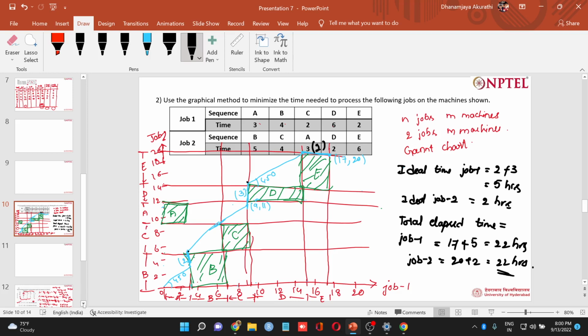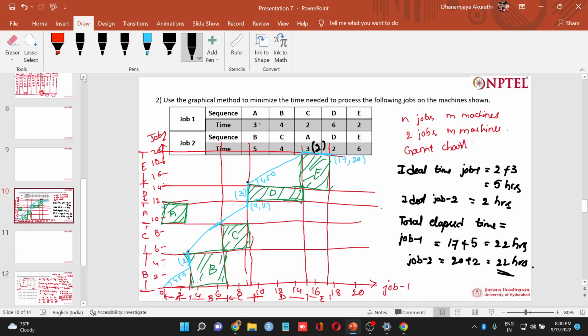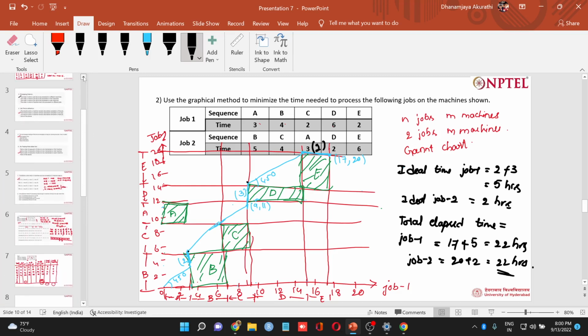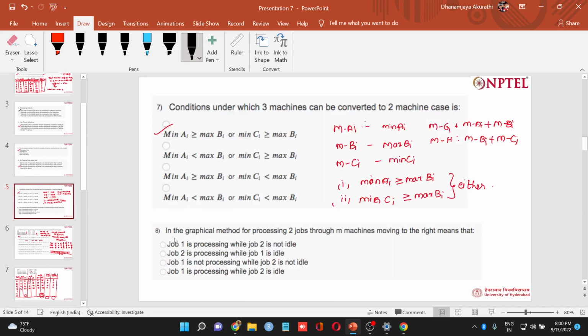So with this we have completed all the 4 different situations arising in a sequencing problem. Here you can observe another question regarding the 2 jobs through machines. Ma'am, in that question, if the total elapsed time was different, then what will we do, ma'am? What is the optimum time?